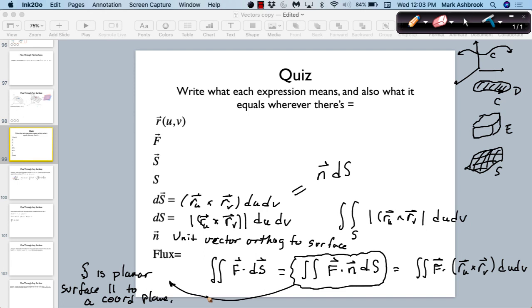That's when I would suggest that you use that. Any other situation, if it's a slanted plane or any other curved surface, we're going to use this version.